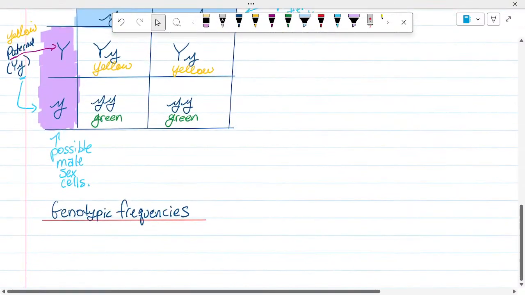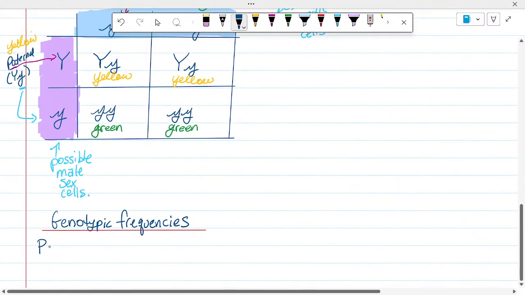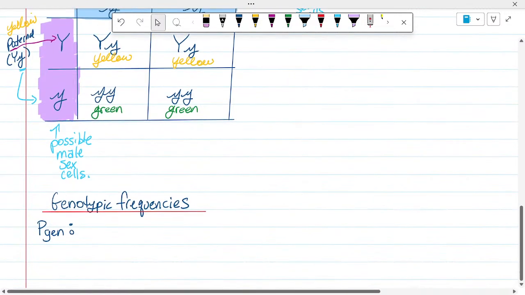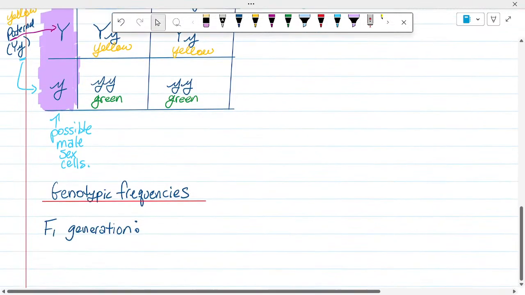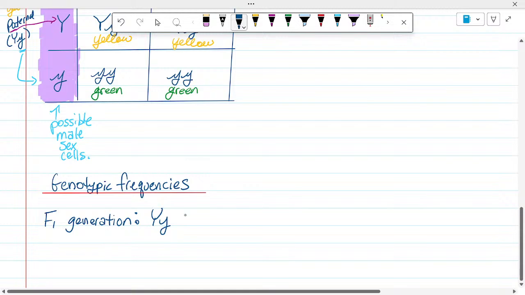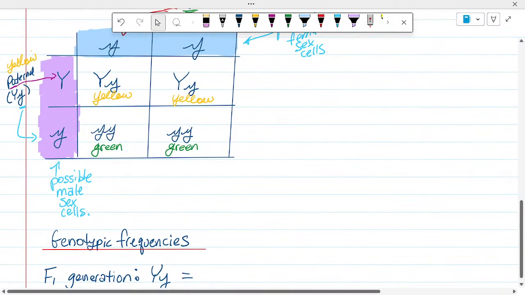So let's look at the P generation. What do we call this generation? The F1 generation. In the F1 generation here, what are the only 2 genotypes we see? Big Y, little y. And how many of them are big Y, little y? Out of every 4, we would expect 2 of them.